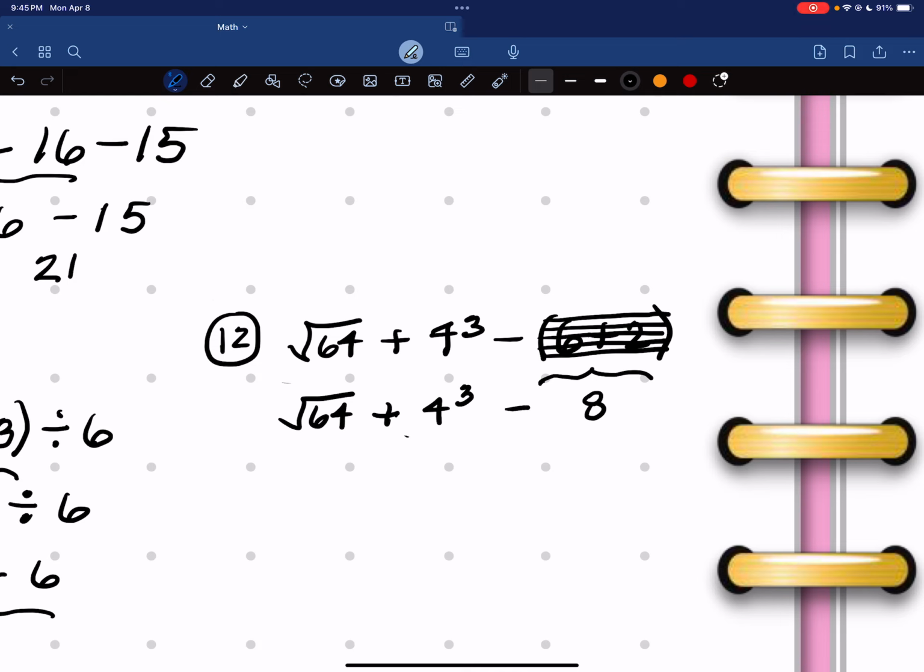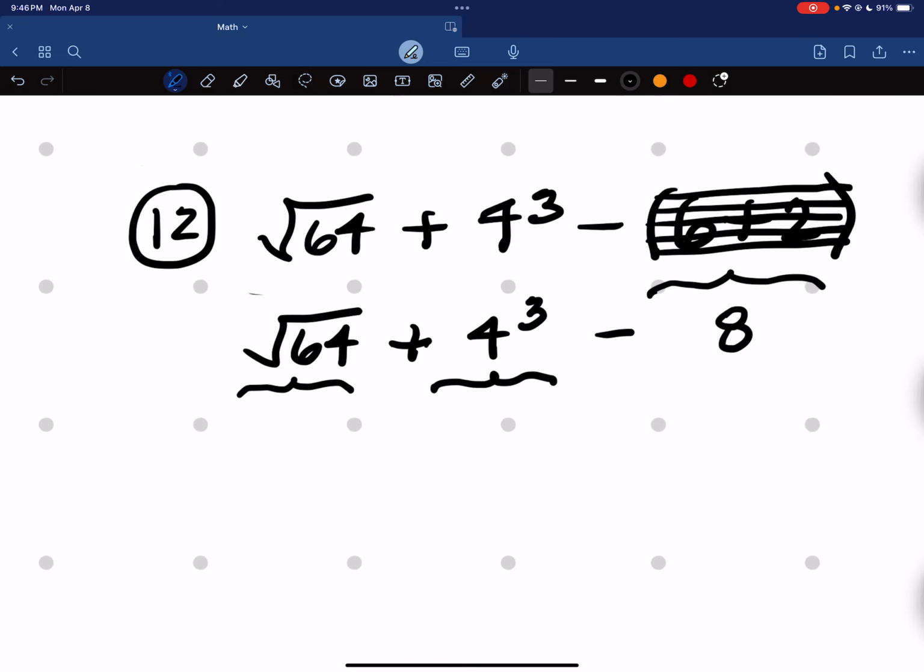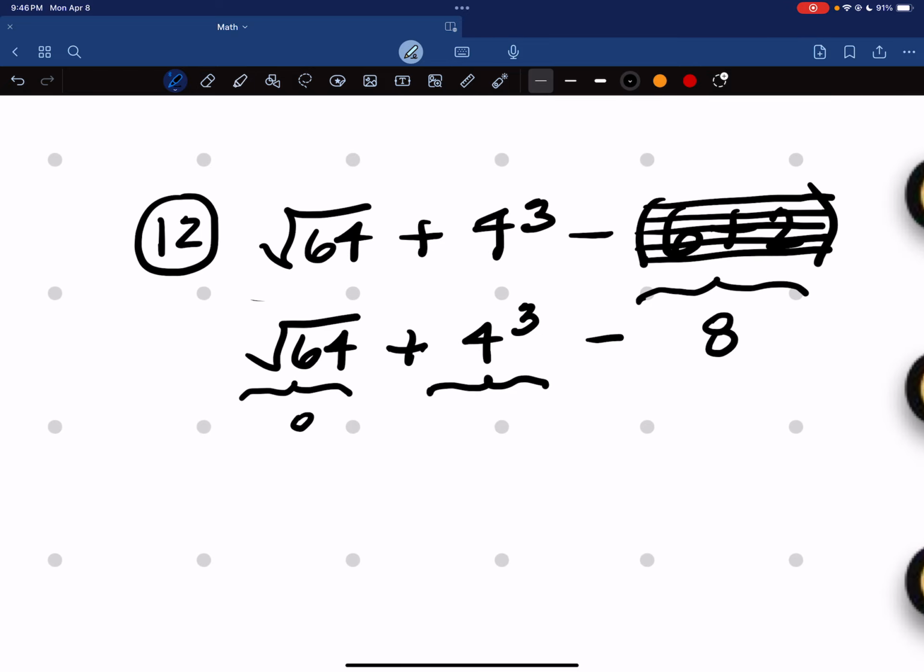Then move to the next step, and that would be exponents or roots. We have a root and we have an exponent. The square root of 64 is 8, because 8 times 8 is 64. 4 to the third power, that is not 12. It's not 4 times 3. It's 4 3 times.